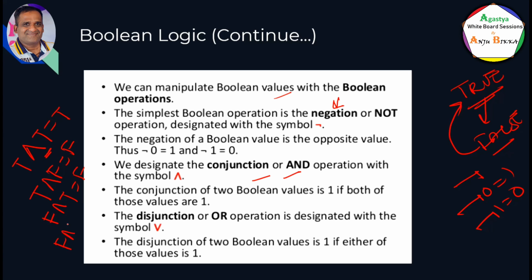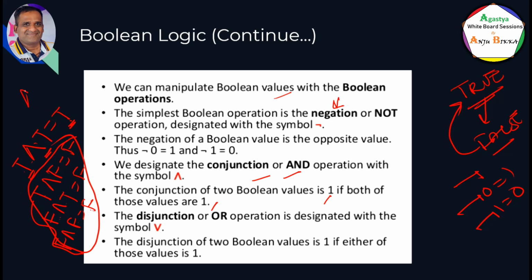Then false and false becomes false. The conjunction of two Boolean values is 1 if both are 1. Means both are true, then it is true. In all other cases, it is false. You can see here.